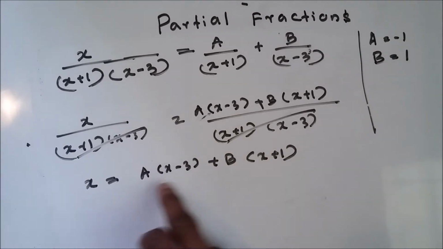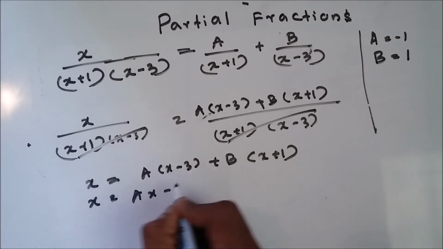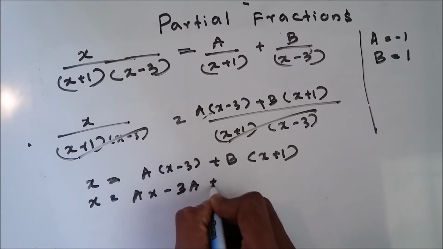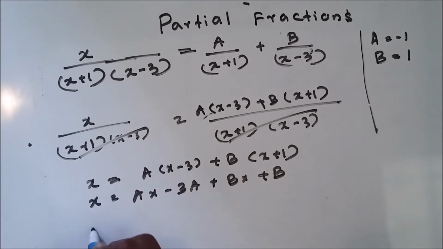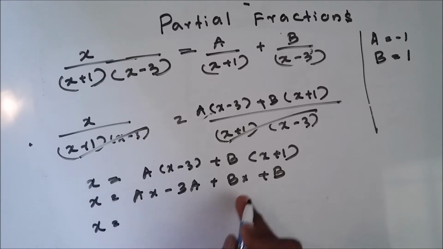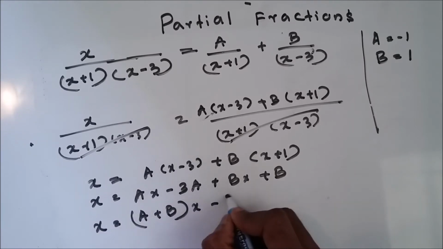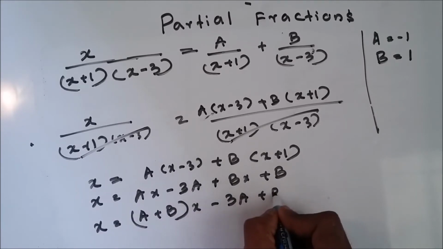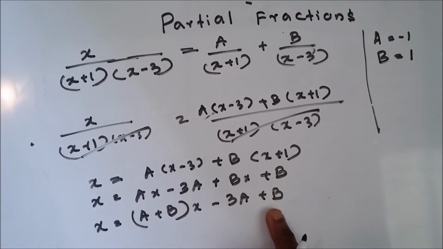Then we can expand this side: Ax minus 3A plus Bx plus B. x equals, taking together, (A plus B)x minus 3A plus B. This is our equation.